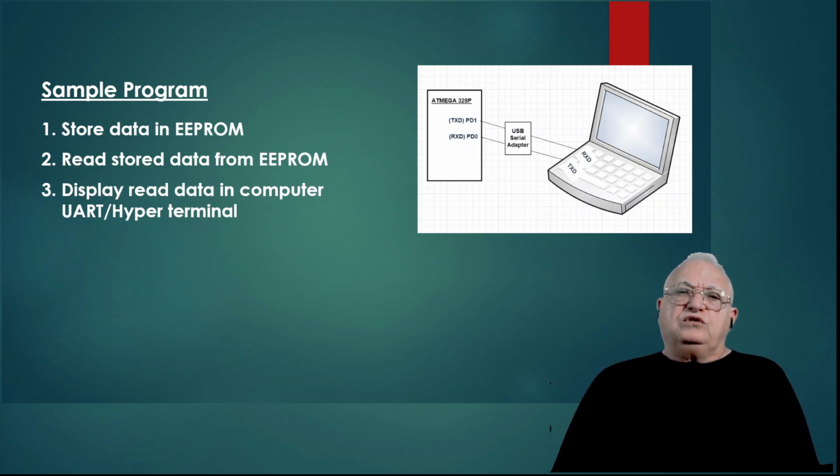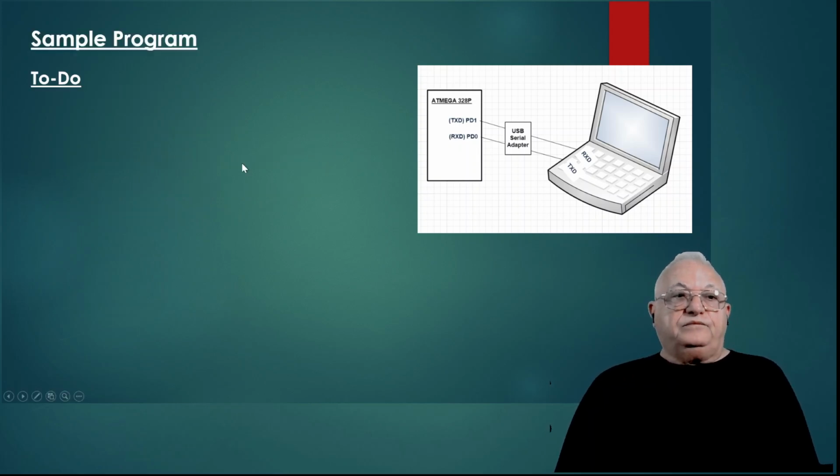Next, we are going to get the data, display the data that we got, and verify that both are the same, which verifies that we loaded data into the memory and we're able to access it. So what do we need to do?